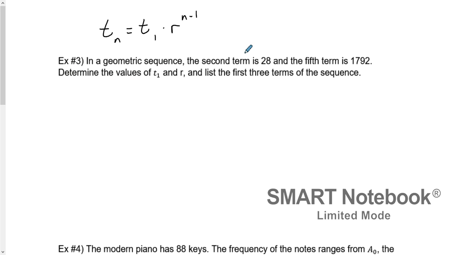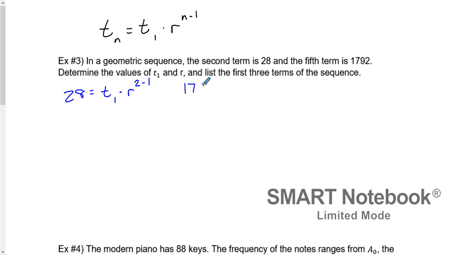So we know that the second term, that term 2, is 28. We don't know what term 1 is. We also don't know what the R is. But we do know that term 2, the second term, is T1 times R to the power of 2 subtract 1.